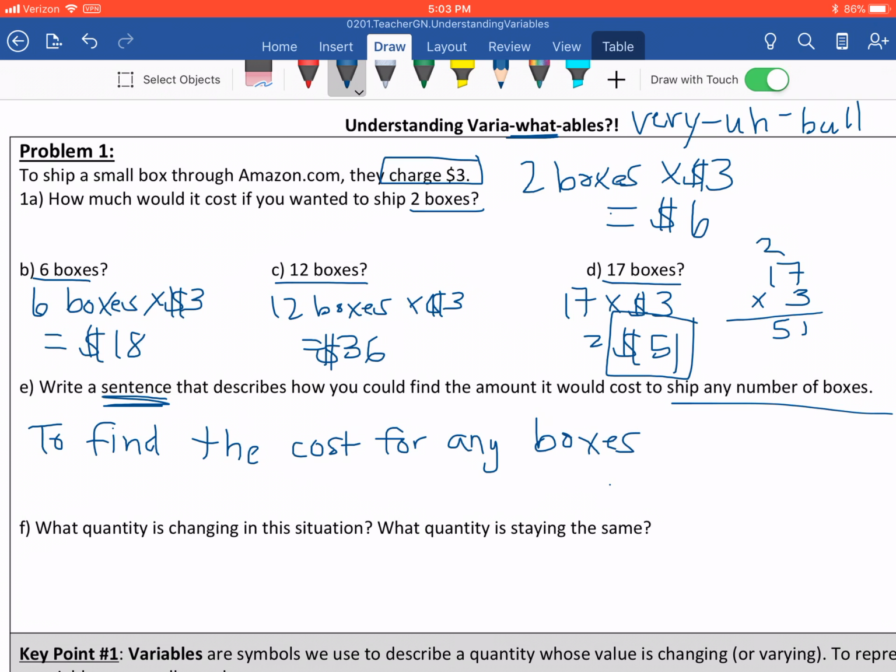I did 2 times 3, 6 times 3, 12 times 3, so I take the number of boxes and multiply it by 3. So I multiply the boxes by $3. I gave you a second to catch up if you haven't. We're just describing how we did it.